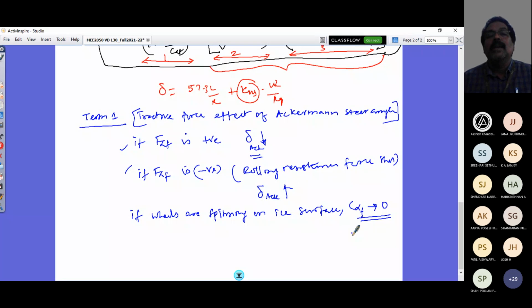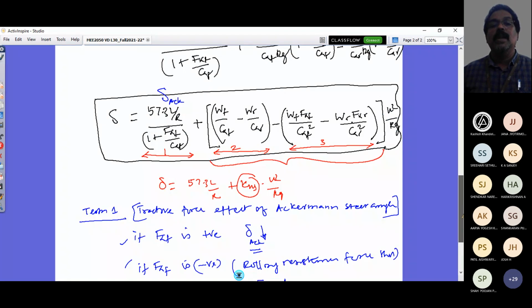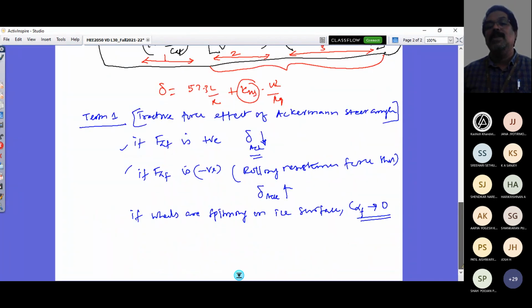It is on the icy surface, where the slip is something we are going to study again in our pneumatic tire mechanics, the separate module on tire dynamics, in detail. You'll have this term go to 0, then the denominator of your first term is infinity, and that shows the Ackermann steering requirement is 0, and that is the trick used for spinning your vehicle within its own length. That's what you should understand.